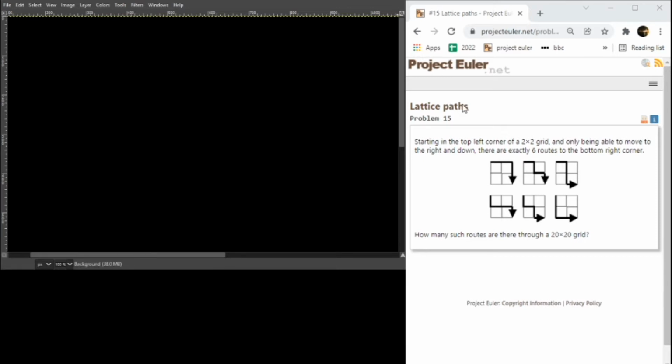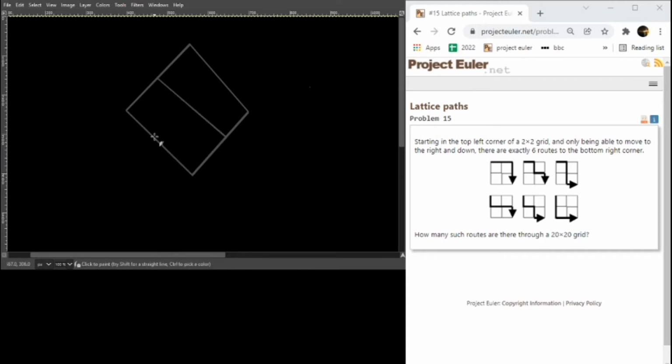So let's go to the board, and I'm going to take this 2x2 grid and turn it into a diamond. So something a bit like this. So here's our diamond. Let's make it a lattice.